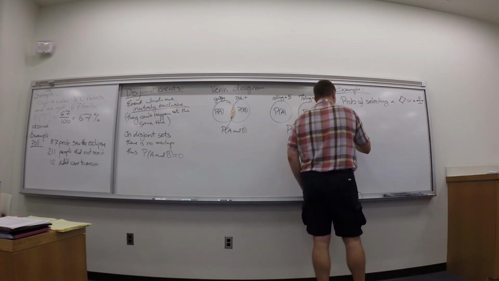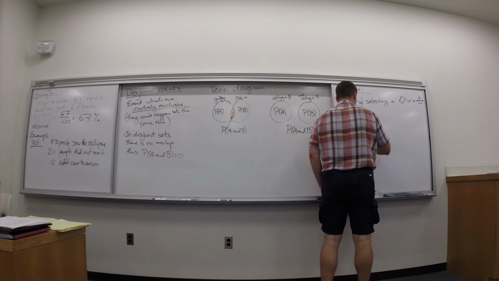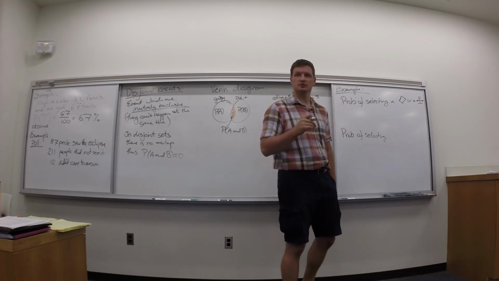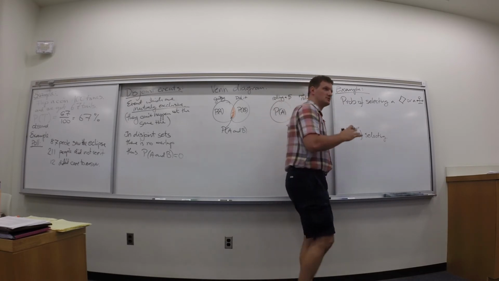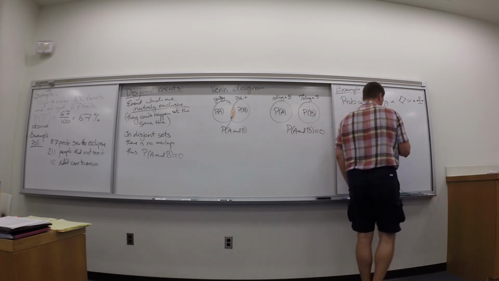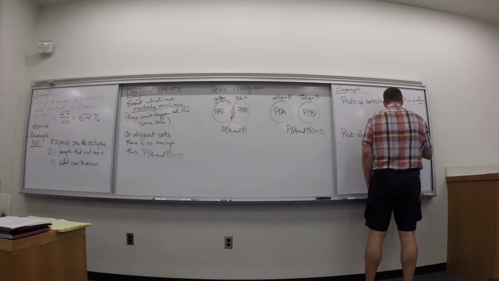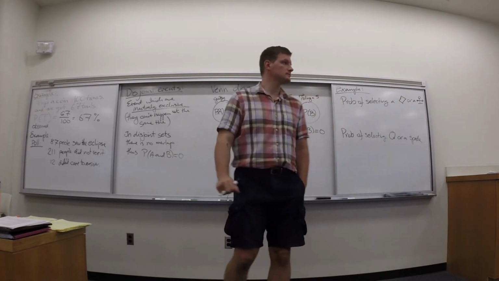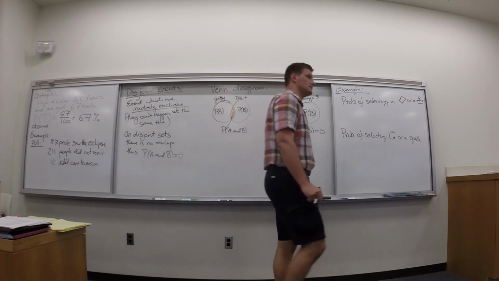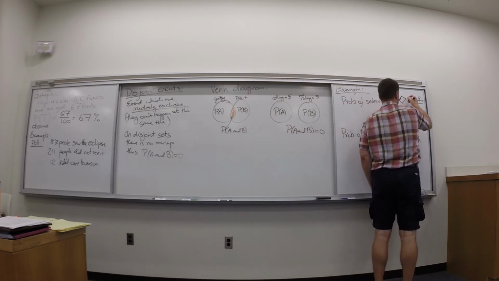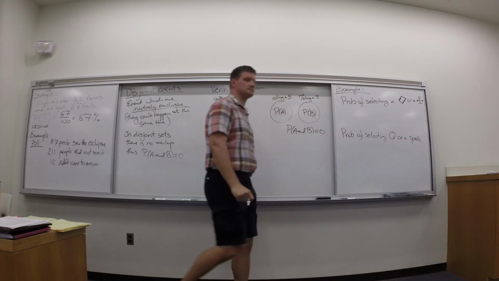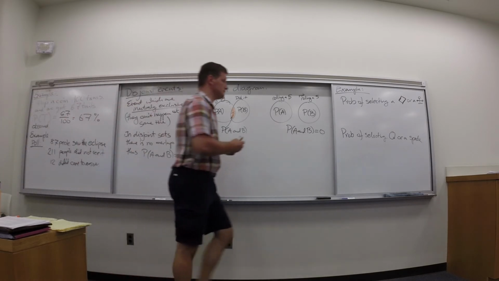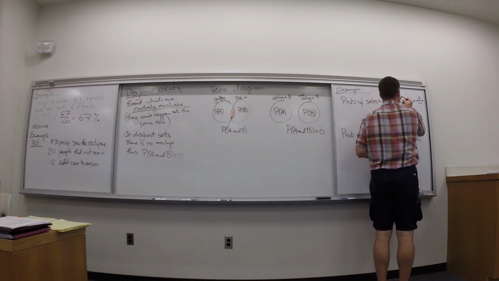Example number 2, the probability of selecting a queen or a spade, from a standard deck of cards versus a blackjack shoe. So you said that the first one was what? The first box? It's a diamond. What's the one next to it? A club.